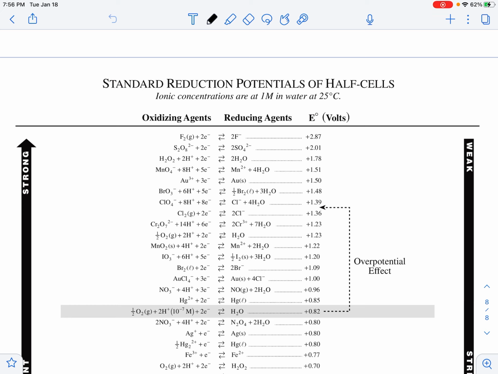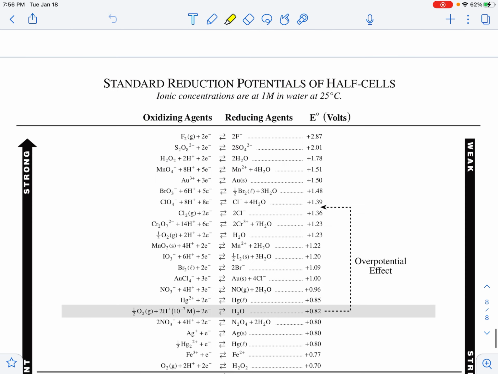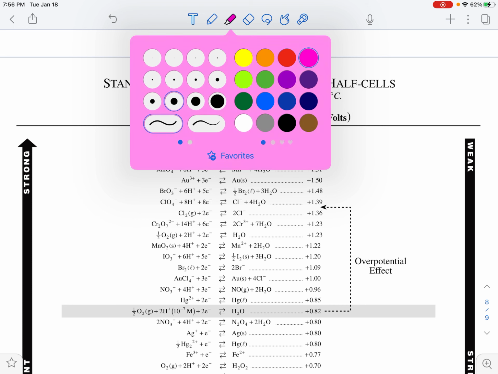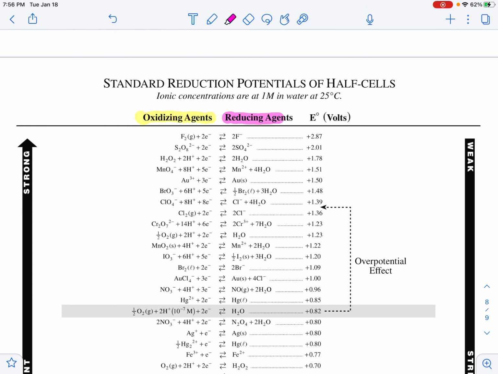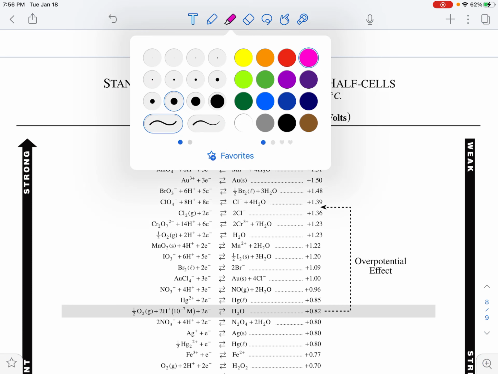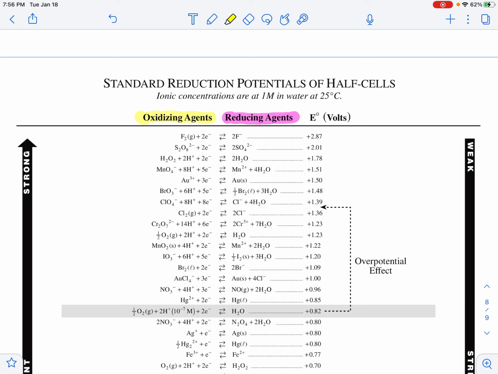The other thing you're going to notice on there is that it actually has titles on it: the oxidizing agent and reducing agent. As we just talked about, oxidizing agents are on the left-hand side, and oxidizing agents reduce. On the right-hand side you've got the reducing agents, which are those things that oxidize.